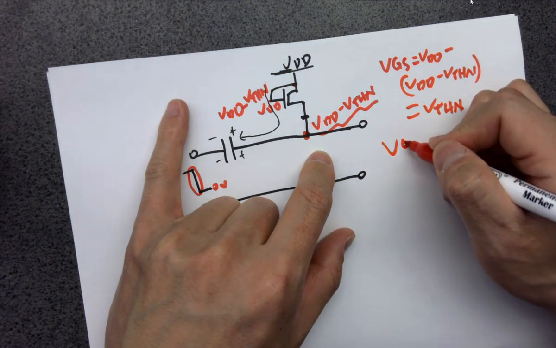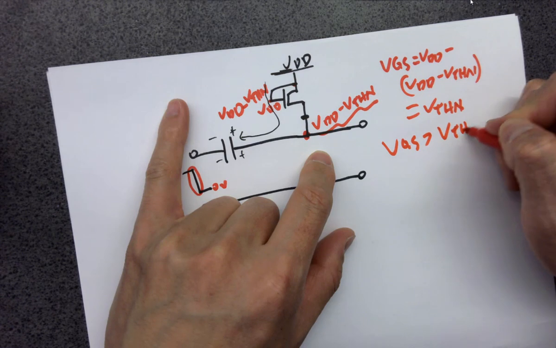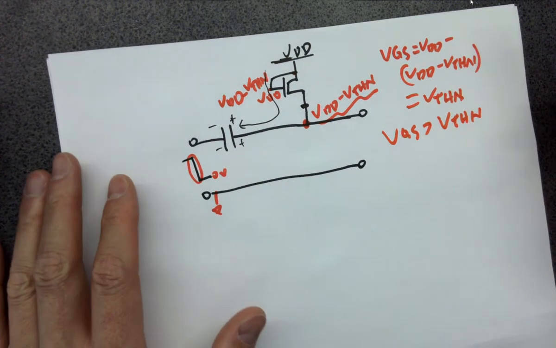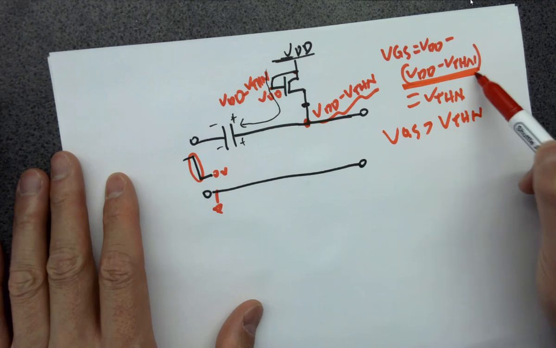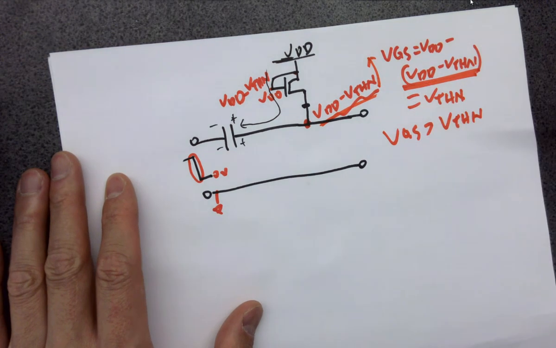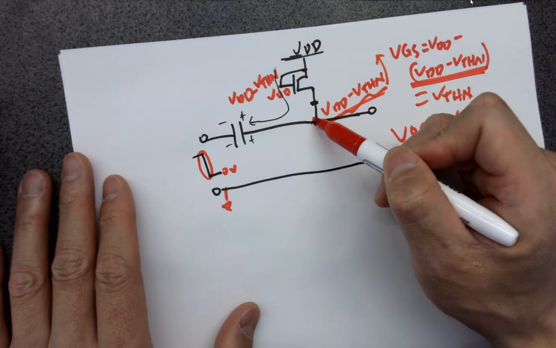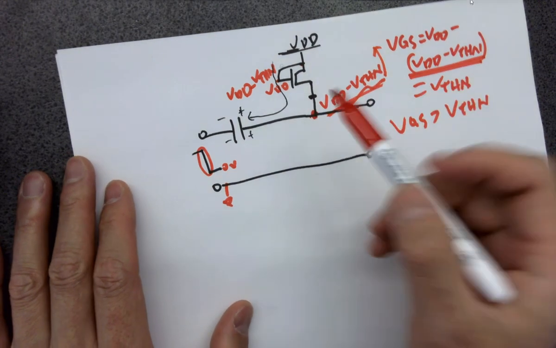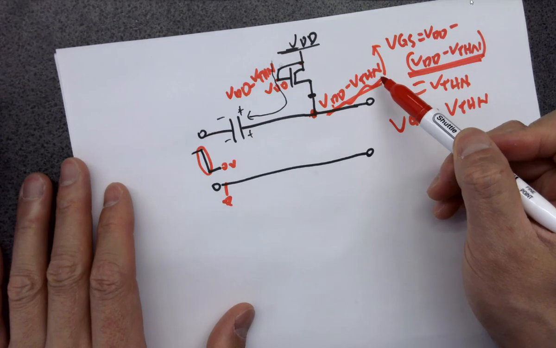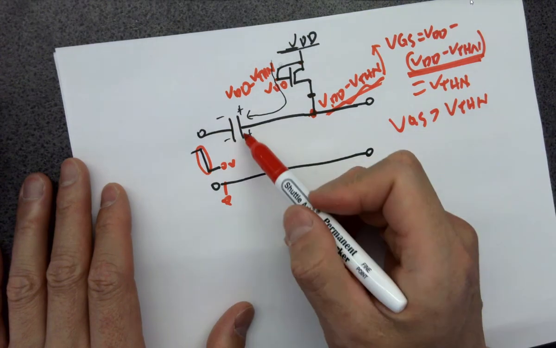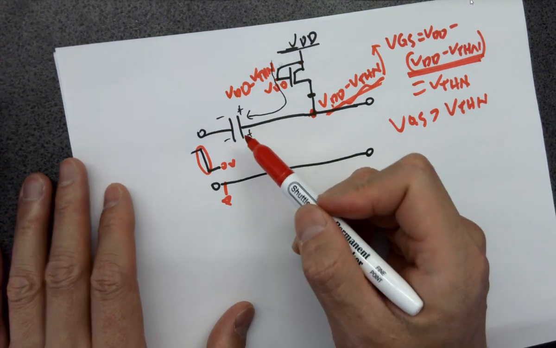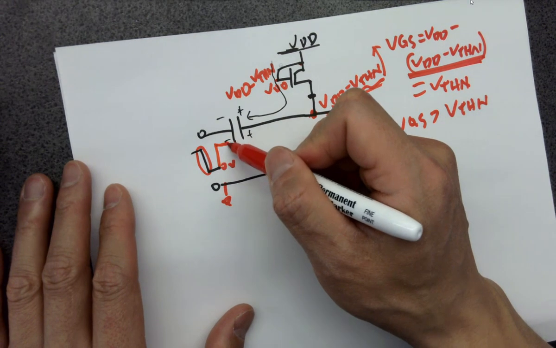VGS has to be larger than VTHN in order to keep the NMOS on. But after this point, if this keeps going up, it's going to turn off the NMOS. So that's why it won't keep charging up this terminal anymore. Eventually, this one will be VDD minus VTHN as a maximum voltage, which is also the voltage across the capacitor, the two plates.